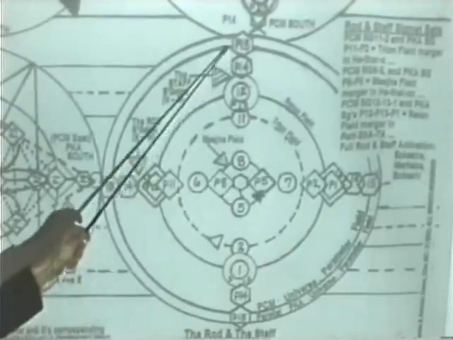These form what's called the staff and the rod, or the rod and the staff, if you prefer. These are the inner Stargate tools, because under certain conditions, particularly when seed atoms are resetting themselves, seed atom in the center, these all open up together and form a very powerful beam of frequency, and so do these. The rod and the staff activate.